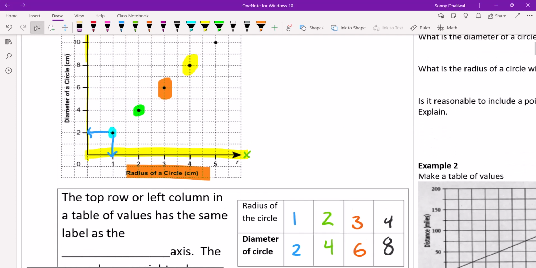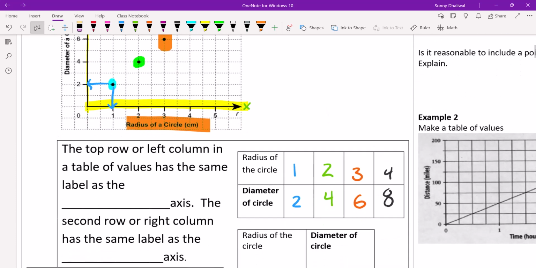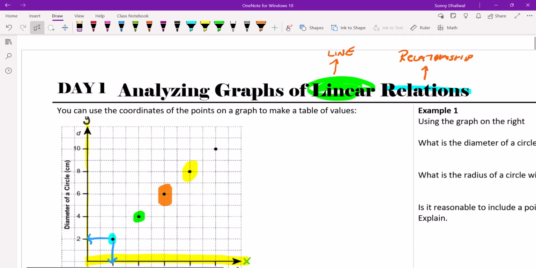Okay, so now here I gave tables for you to fill out. But there'll be situations where I'll give you the graph and you need to create the table yourself. So the table is either going to look like this, the vertical one, or it's going to look like this, the horizontal one.